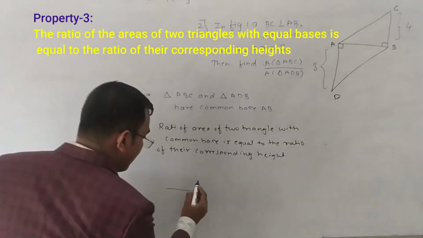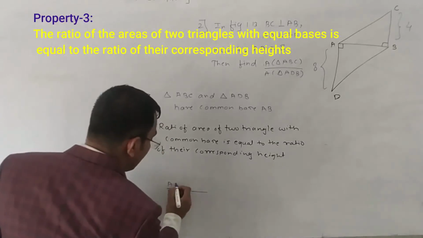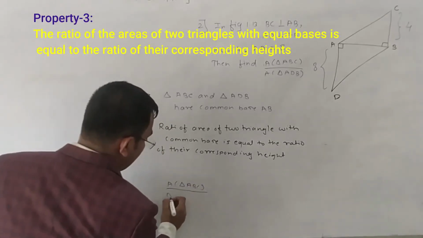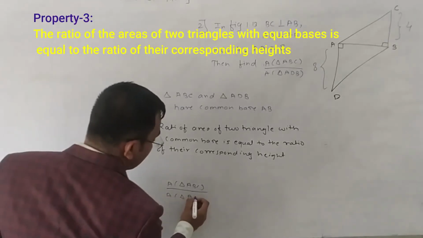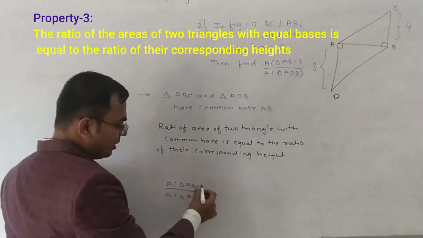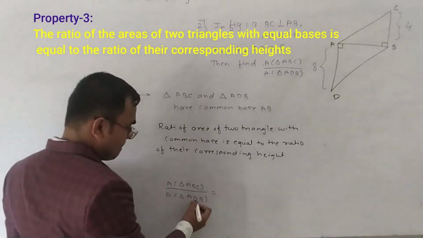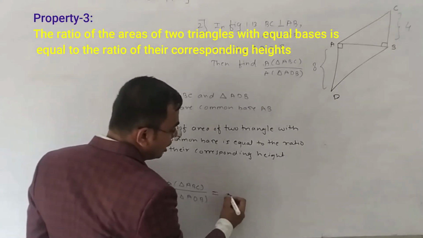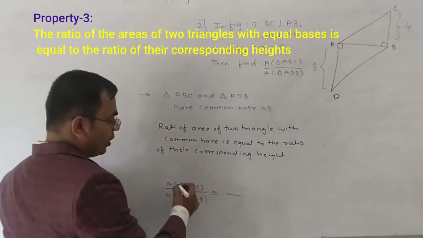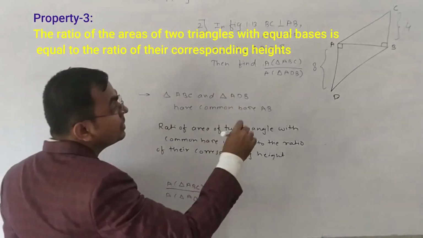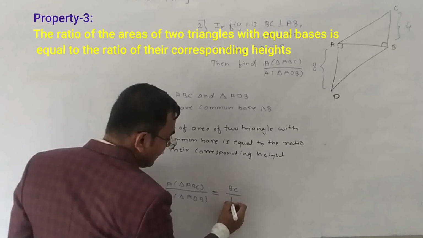So here ratio of area of triangle ABC and area of triangle ADB is equal to the ratio of their corresponding heights. So ABC की हाइट है BC और ADB की हाइट है AD.